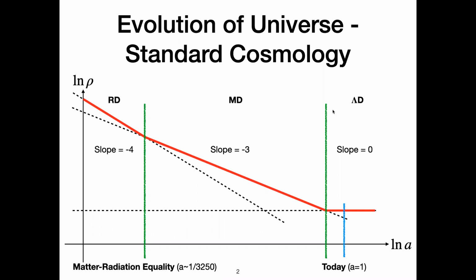Then after some time it became lambda dominated, which is the dark energy dominated era, and we are here today, in the dark energy dominated era of the evolution of the universe. And cosmology is just the study of the universe on large and small scales.